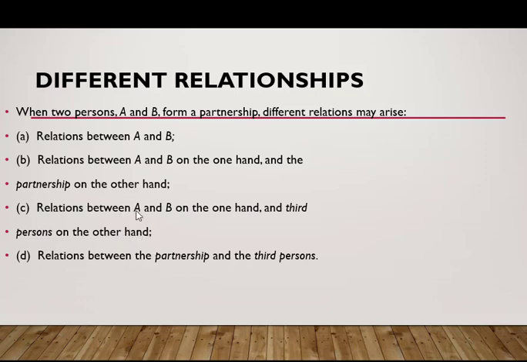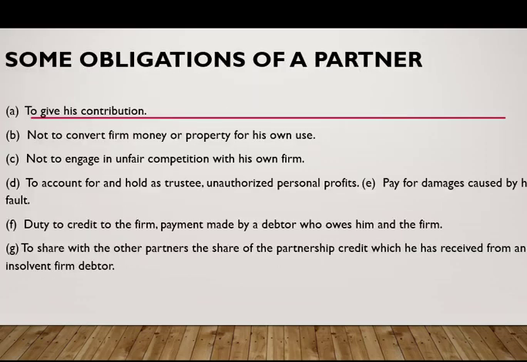This is in cases when A and B have to engage in an undertaking with third persons. Since they're mutual agents of the partnership, the relationship exists. And lastly, relations between the partnership and the third person. So those are the four relationships that are being created.